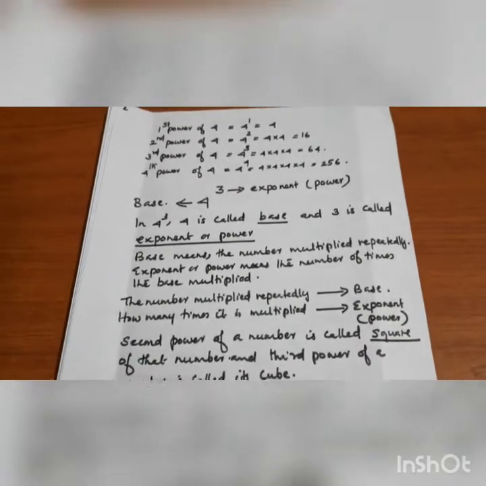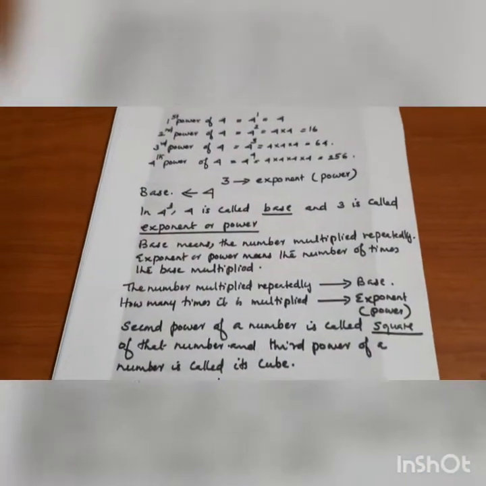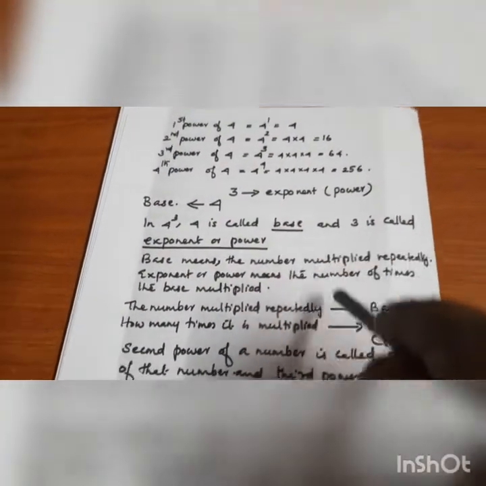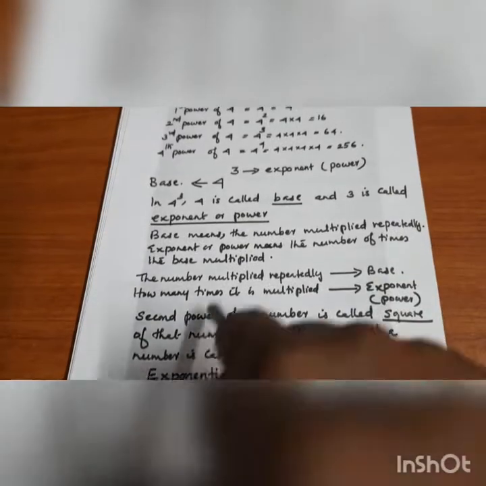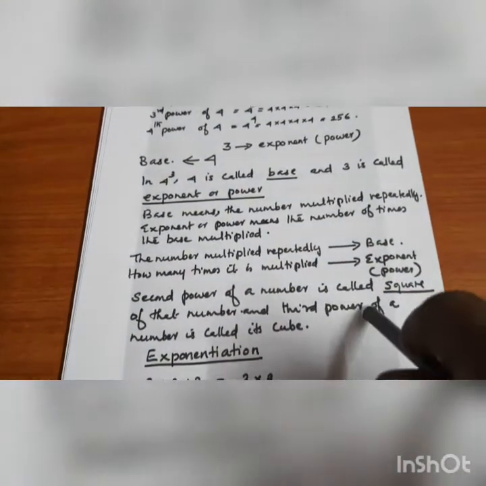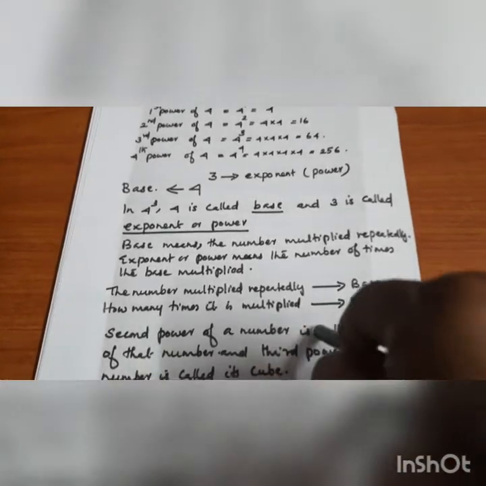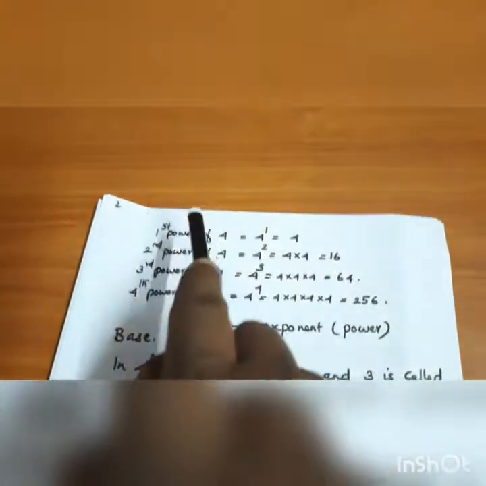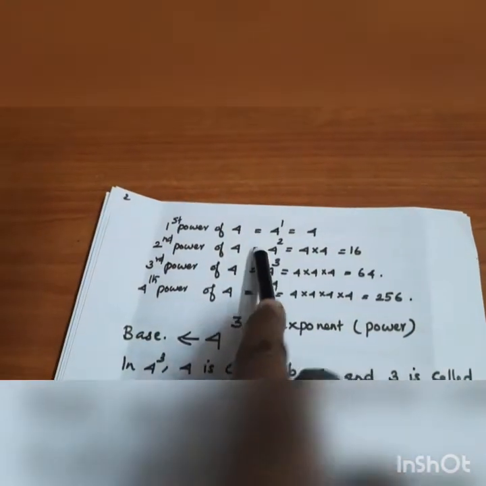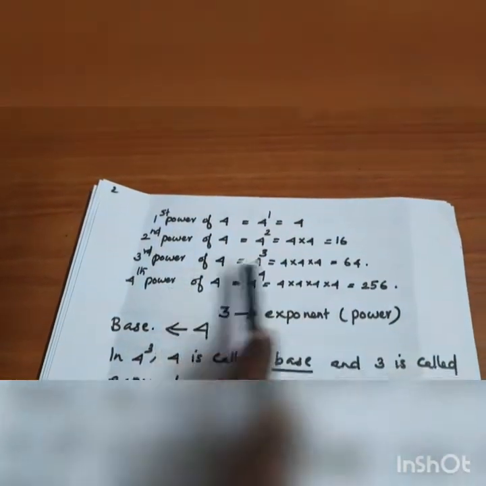And 4 raised to 3 is called cube. 4 raised to 2 is also called 4 square, and 4 raised to 3 is also called 4 cube. Cube you will study in higher classes, 8 or 9. Therefore we can read it as 4 raised to 2 or 4 square, 4 raised to 3 or 4 cube.